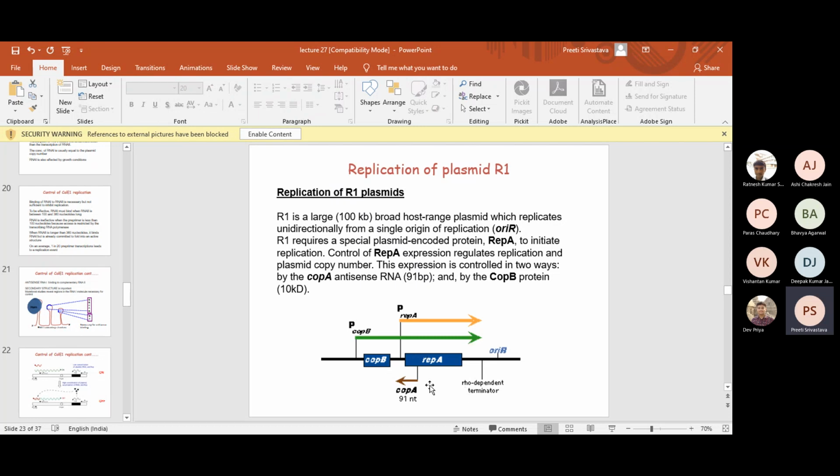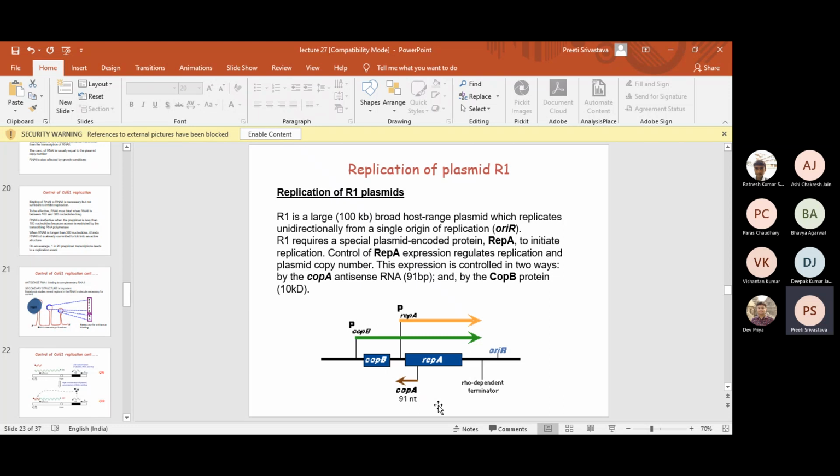There is an antisense RNA which is transcribed in the antisense strand by another promoter called P-COP-A, and the length of this antisense RNA is 91 nucleotides. What is noteworthy is that antisense RNAs are usually smaller in size. For example, in the earlier case it was 108 nucleotides, in this case it is 91 nucleotides.